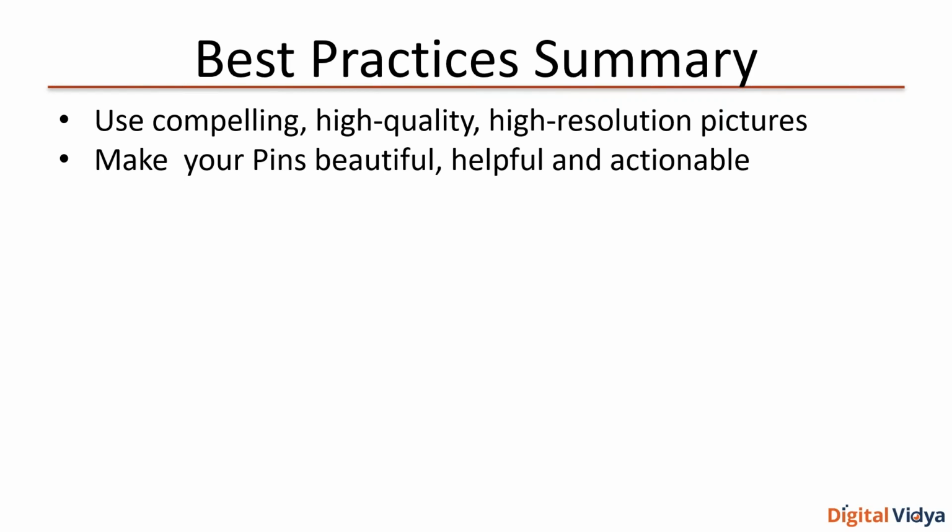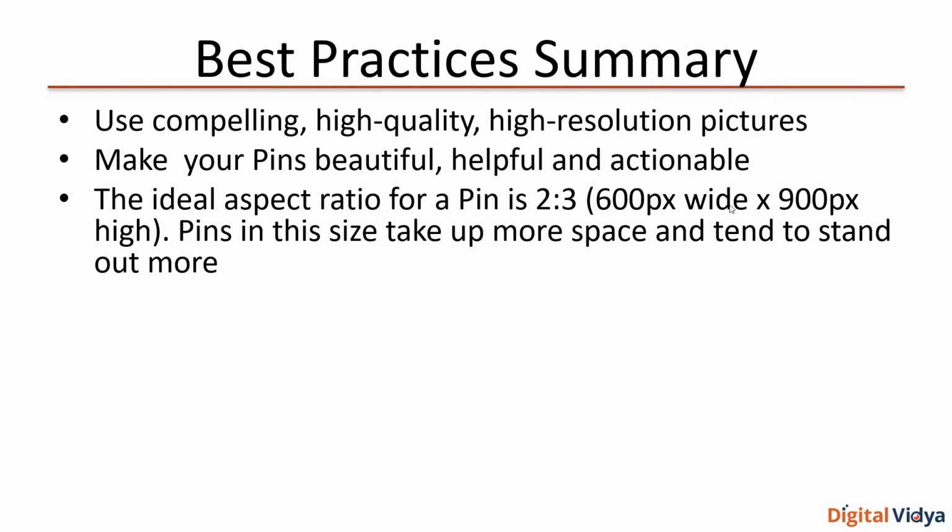Make your pins actionable, helpful to users. This is something we didn't talk about earlier, but the ideal aspect ratio for a pin is 2:3. So the ideal size is 600 by 900 pixels. Right? That's the ideal size for a pin. So if you're making pins for Pinterest, try and make it in that size.